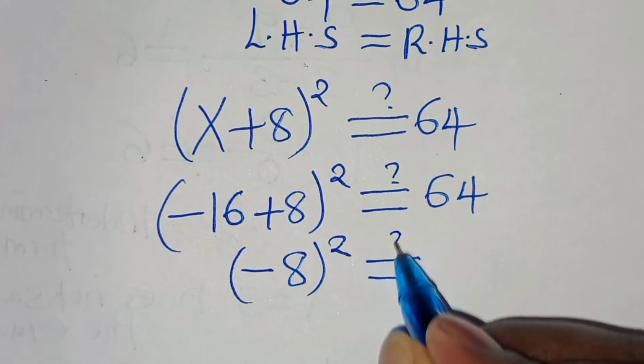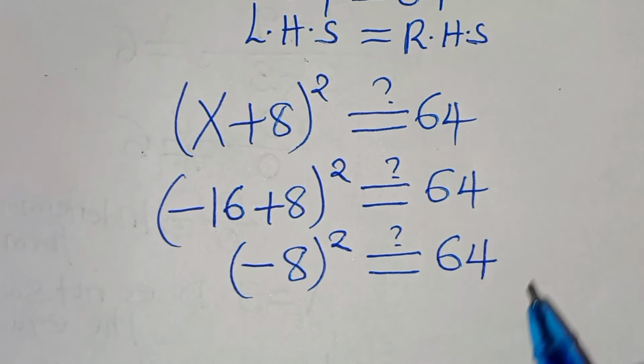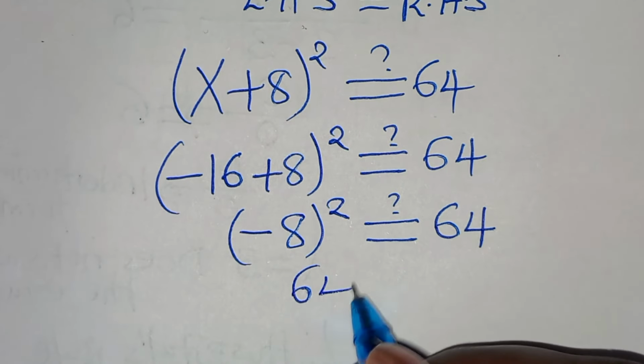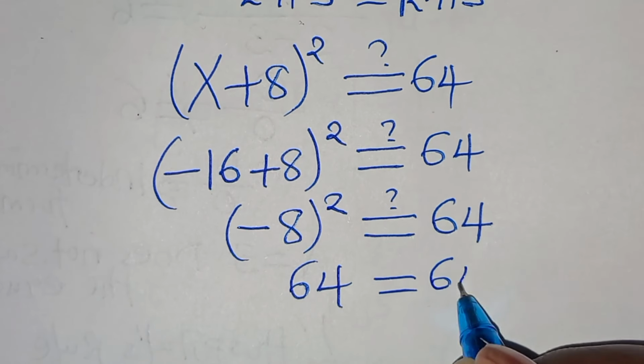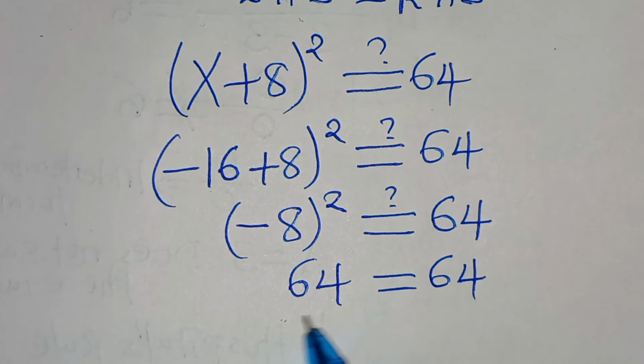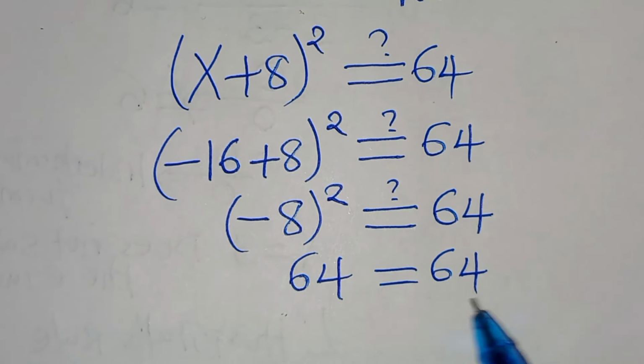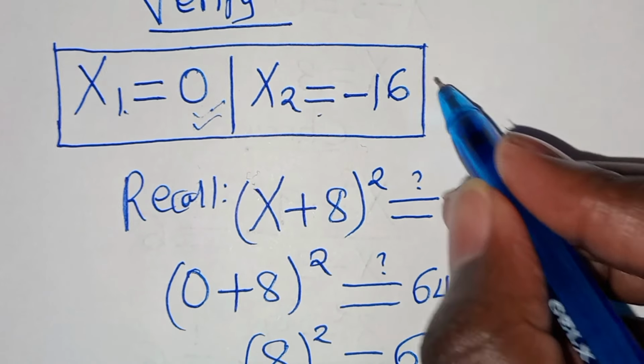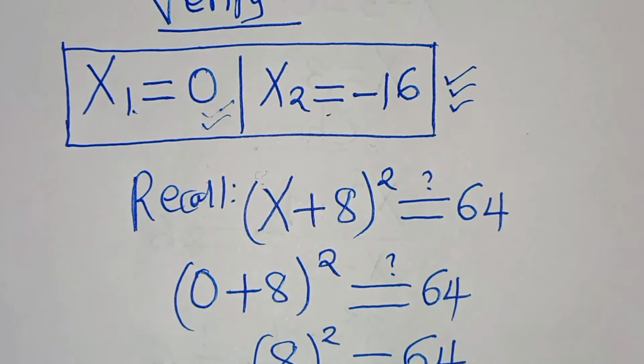Minus 8 to the power of 2 is 64, which is equal to 64. So the left-hand side is equal to the right-hand side, and this means that x2, which is minus 16, also satisfies the equation.